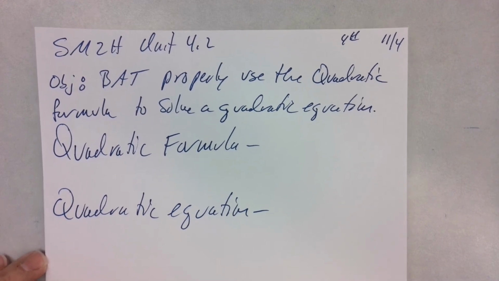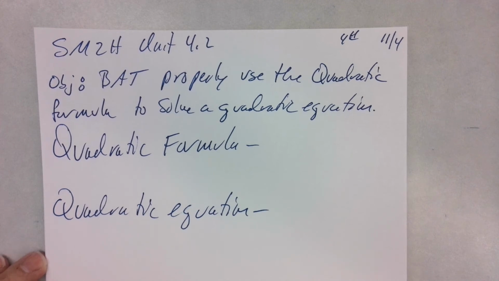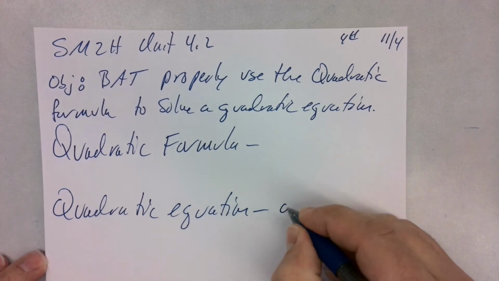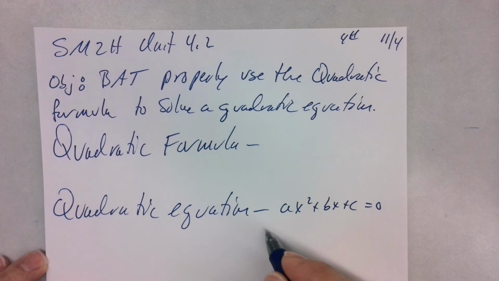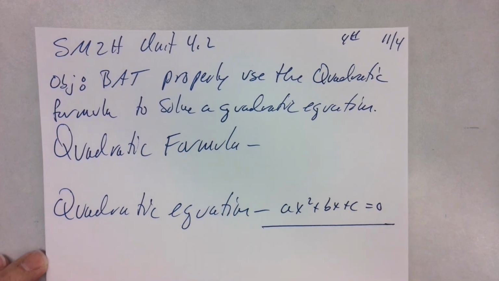Is it one with 4 answers? Nope. Well, it's anything with a squared in it. Ax squared plus bx plus c equals 0 is a quadratic equation. Quad means 2. We're not riding four-wheelers. Quad means 2 in math.